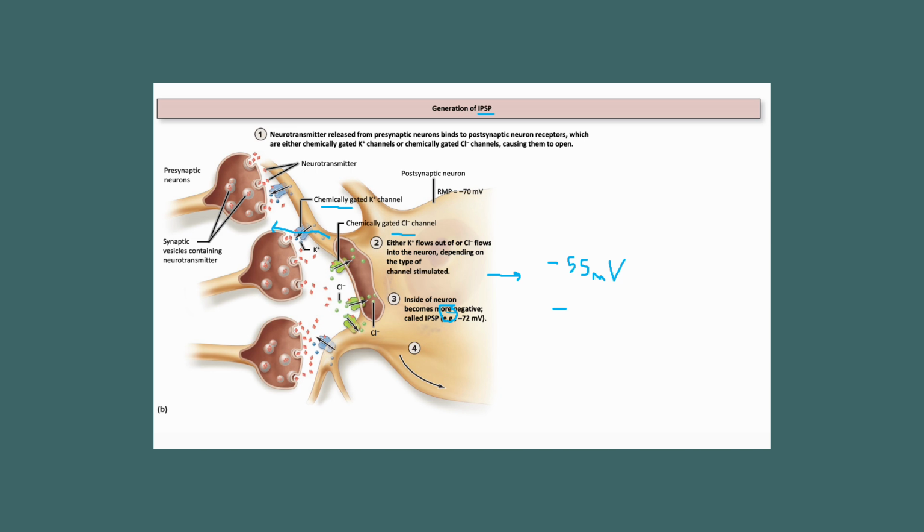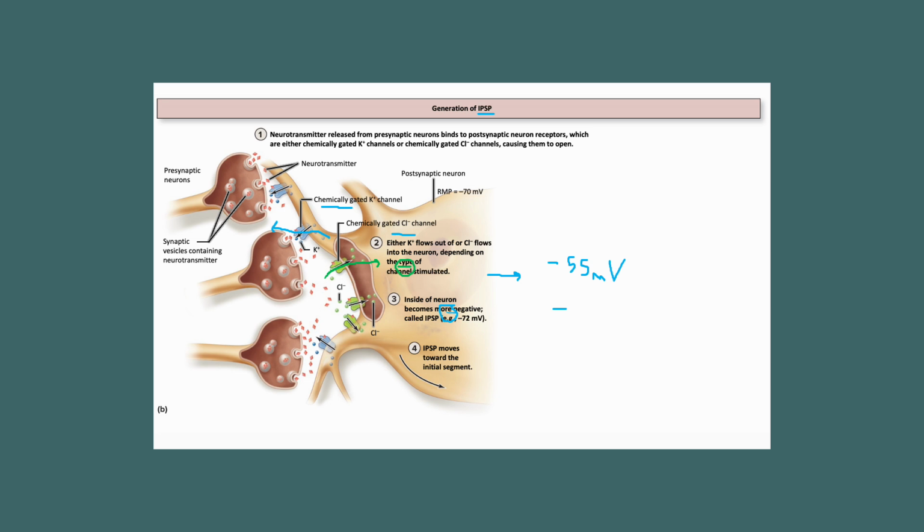Or let's say we open a chemically gated chloride channel. Well, chloride, negatively charged, is concentrated outside the cell. So when we open a chemically gated channel specific to it, we have negative charges entering our neuron in the form of these negatively charged ions. So these generate IPSPs. These are inhibitory postsynaptic potentials.